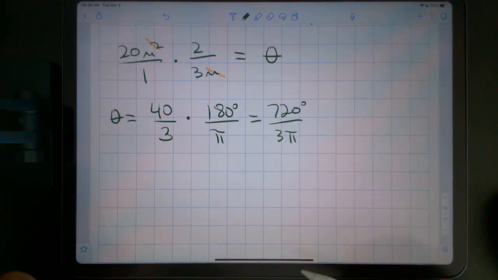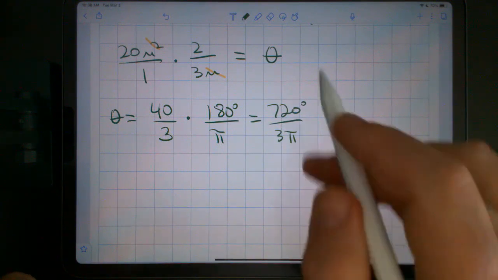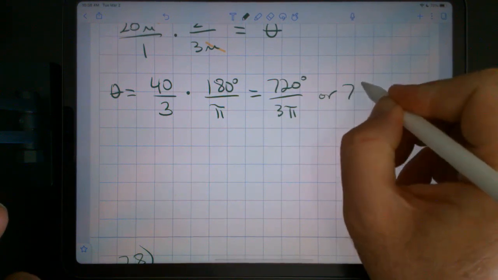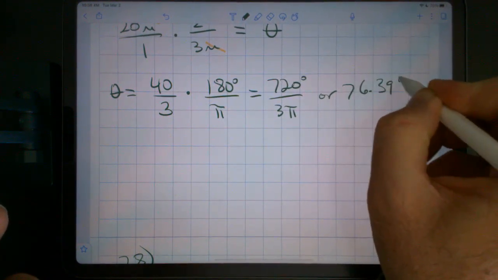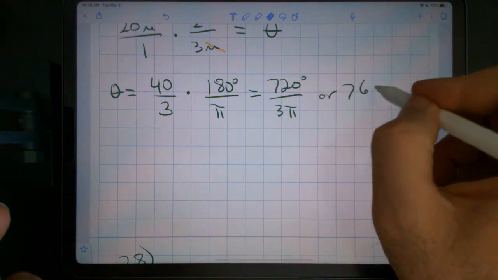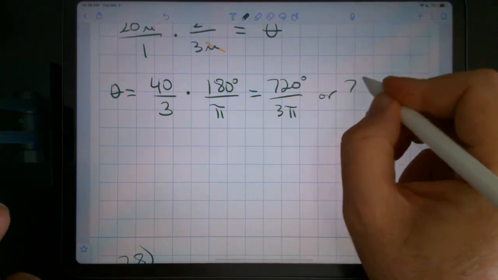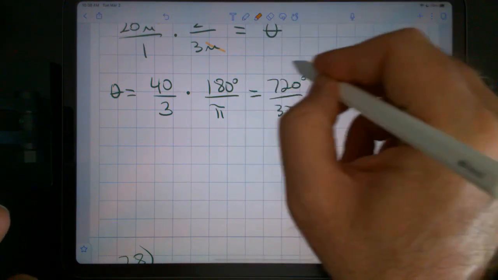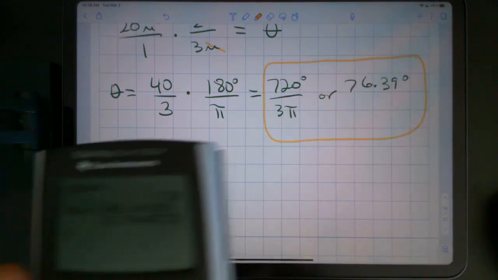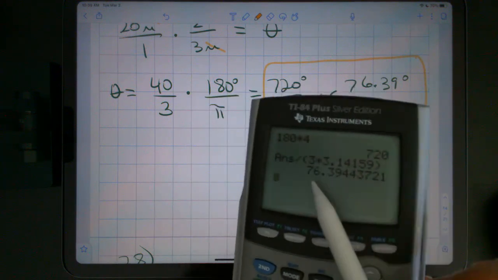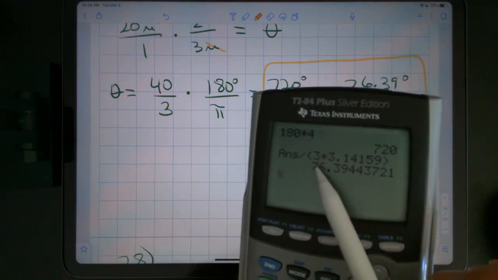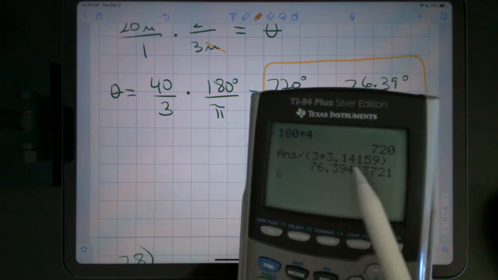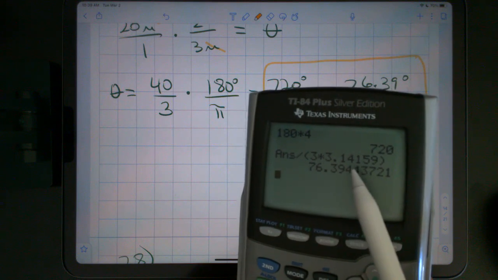An unusual answer, but that is what it is. And how I found that is I took 720 divided by the product of 3 times pi. You can use 3.14, that's fine.